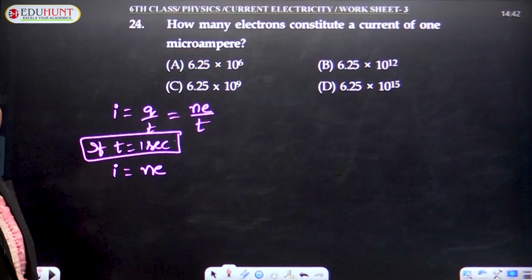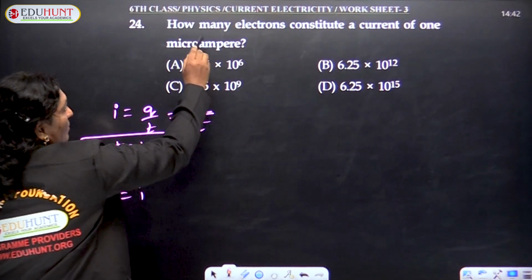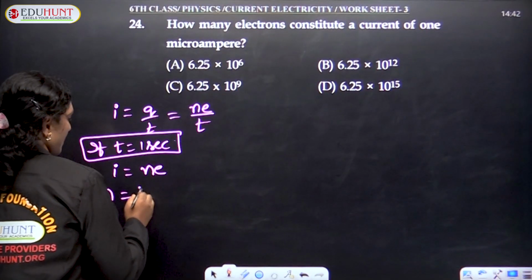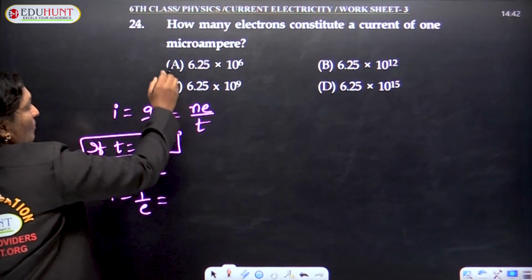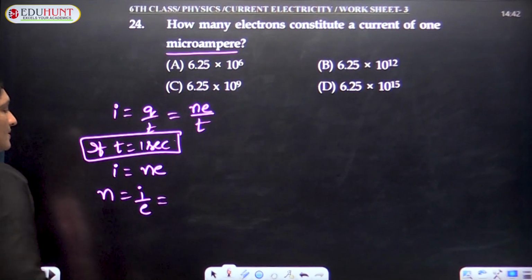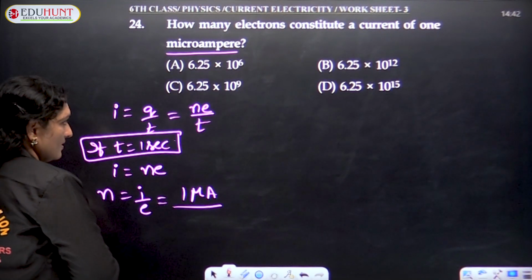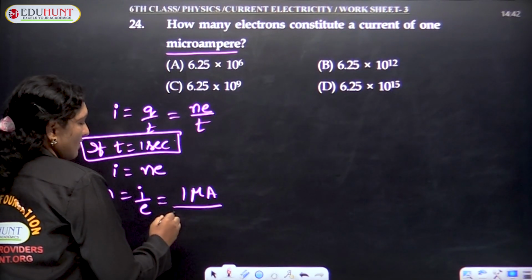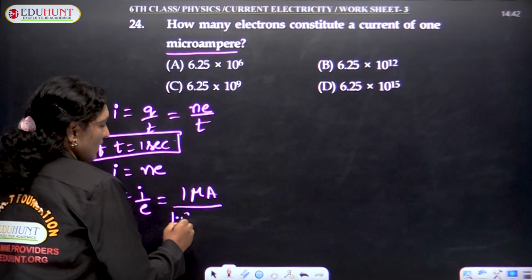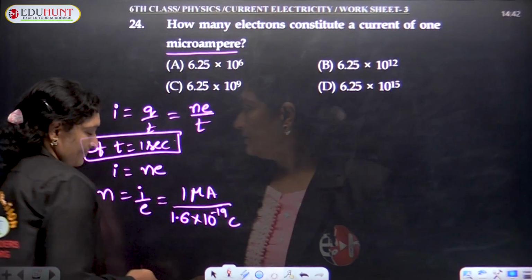You are asked to find the value of N. Hence, N, the number of electrons, can be written as I upon E. So, how much is the current given? Current of 1 microampere, I value is given. And E indicates the charge of the electron, whose value is 1.6 into 10 power minus 19 coulomb.